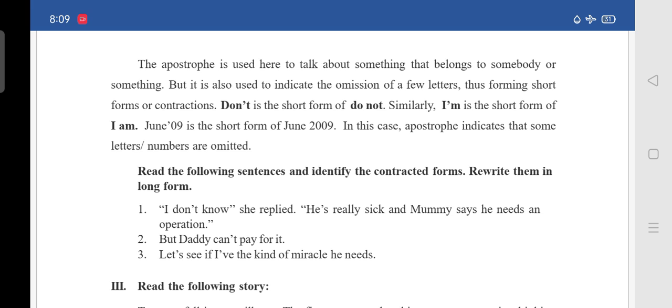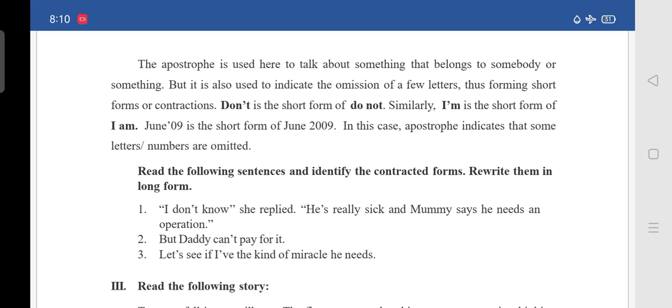See here, first one. I don't know, she replied. He's really sick and mummy says he needs an operation. So here what you have to write is the full form. First one, I do not, D-O, N-O-T, do not. Instead of I don't, you have to write I do not know, she replied. He's, he is really sick, no?